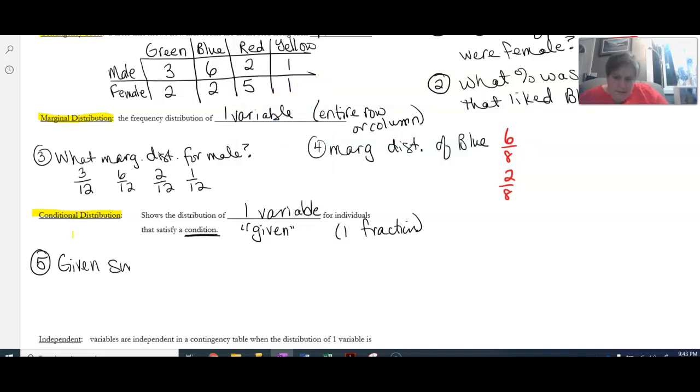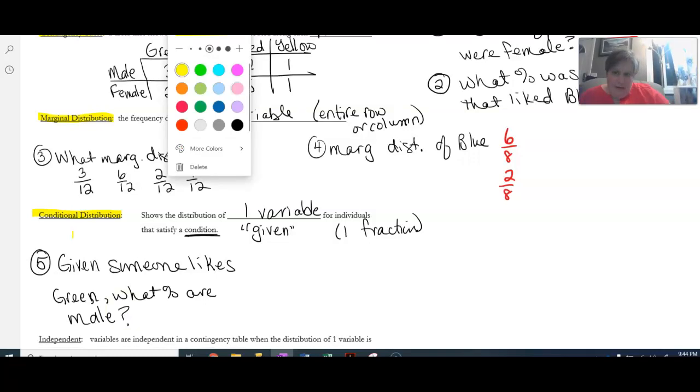Okay, so number 5. Given someone likes green, what percent are male? All right, so this is the important part, and this is where it gets a little tricky.